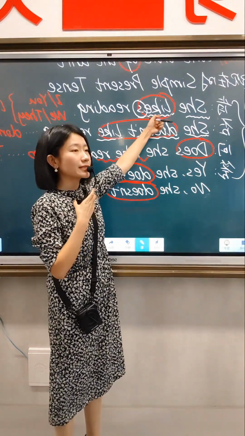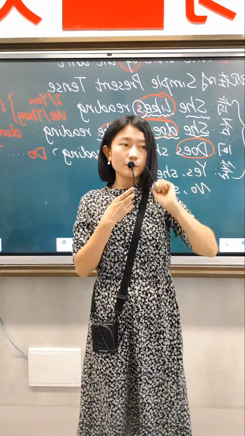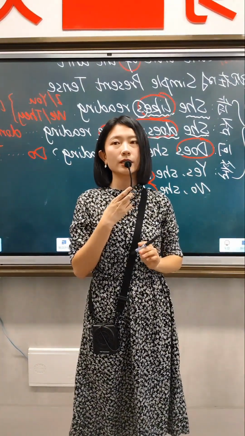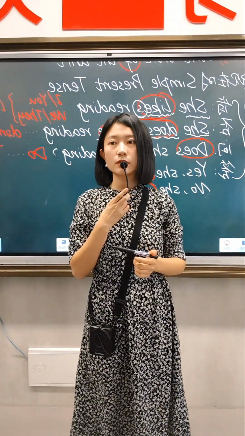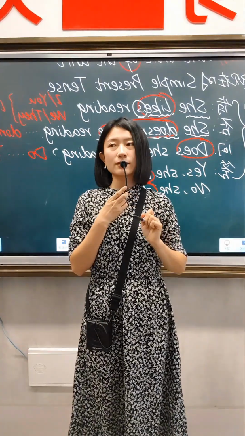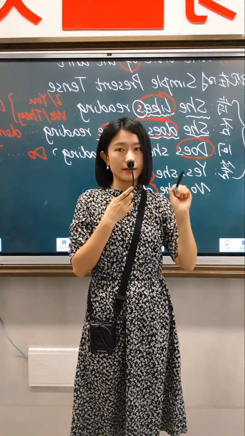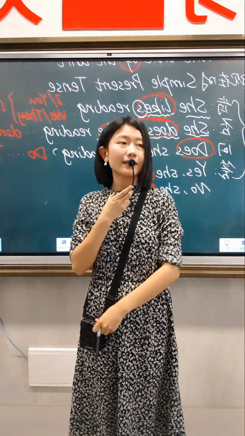Here we have the example like. For like, we just add s. But what about the word watch? Watches, we add es. What about the word study? Yeah. Okay, we change that into i and then add es.